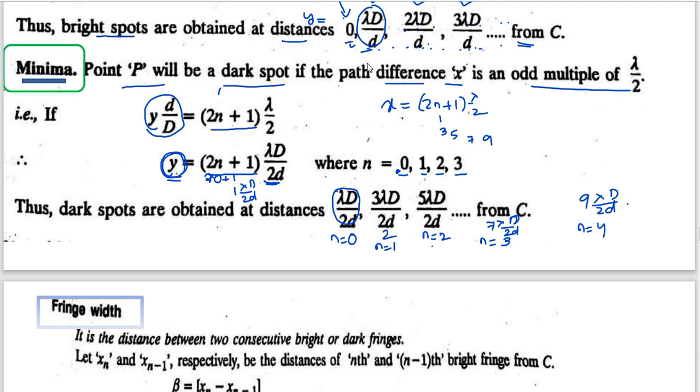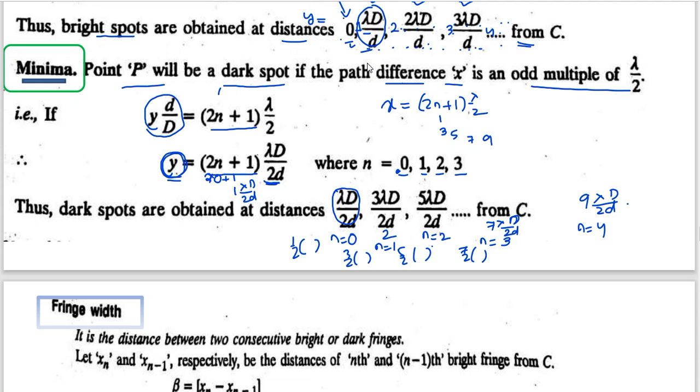So remember, for the bright spot we get 0, 1 into something, 2 into something, 3 into something, 4 into something. For dark spots, we get 1 by 2 into that something, 3 by 2 into something, 5 by 2 into something, and 7 by 2 into the same thing.